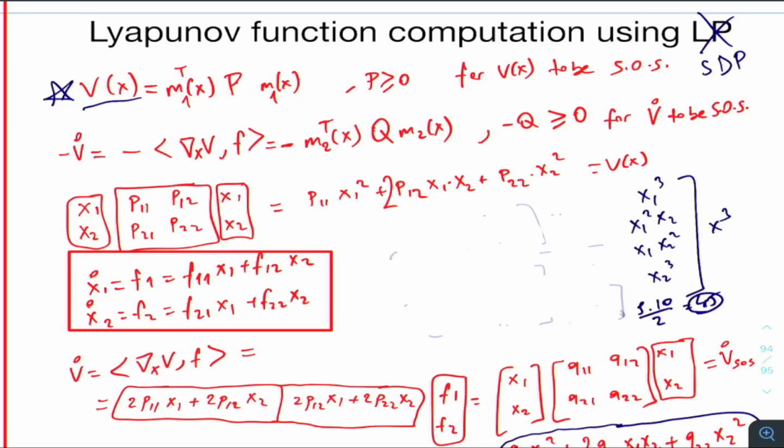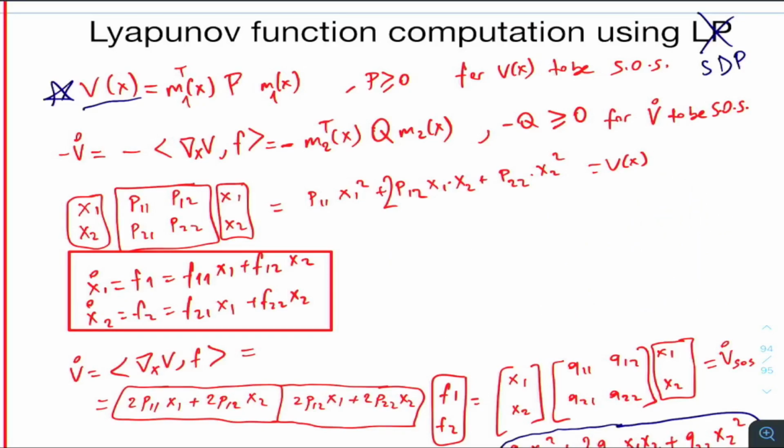I wrote a bunch of stuff before the video recording. So we get to this point, and for your V to be an SOS function, these are the indeterminates. This type of terminology is pretty common in SOS programming optimization.